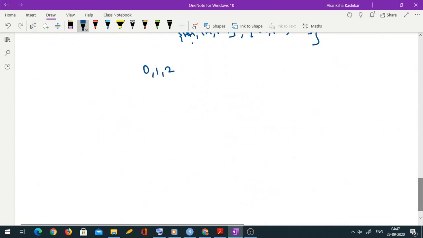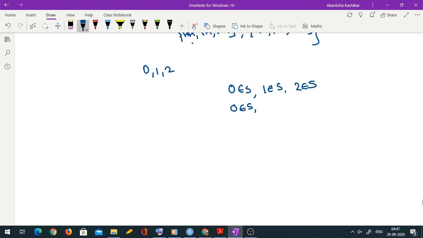So a Borel set can be divided into many possibilities. So one possibility is 0 belongs to the Borel set S. So given any Borel set S, I can have 0 belonging to S, 1 belonging to S, 2 belonging to S, that all of them belong to S. That's the easiest possibility.